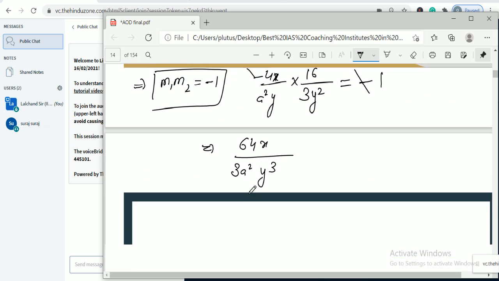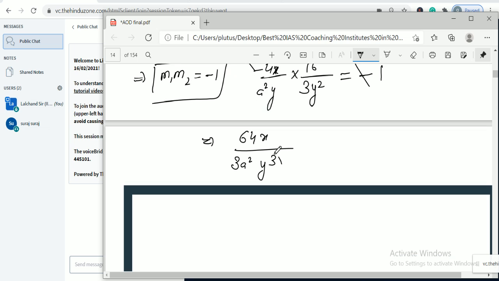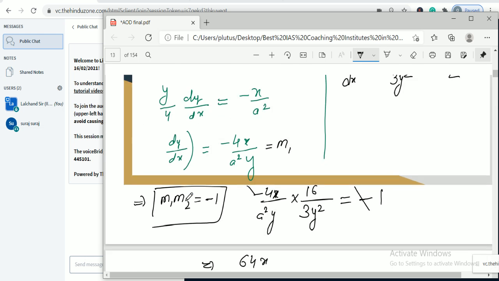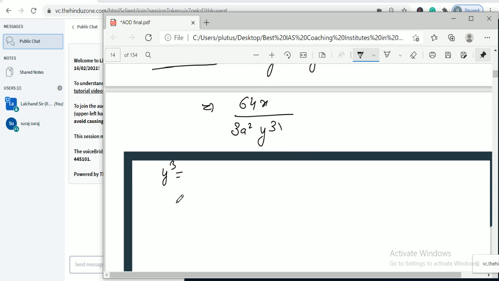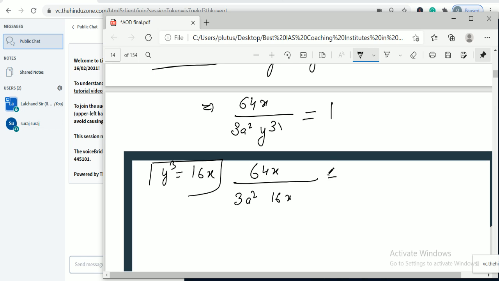Okay, look, if we put the value of y cube here, because y cube equal to, what is the value of y cube? That is given in the question, that is 16x. If we put the value of y cube here, then we have 64x divided over 3 a square times 16x equal to 1.